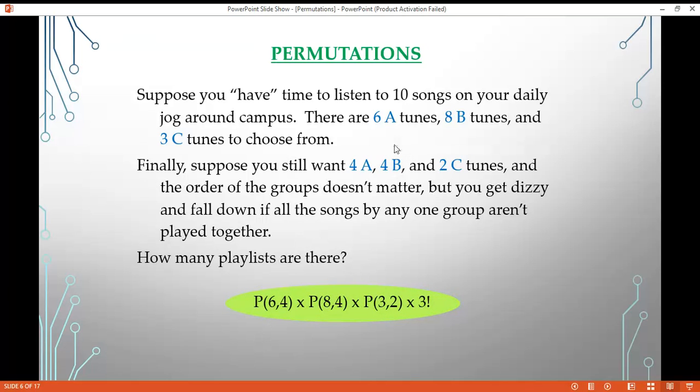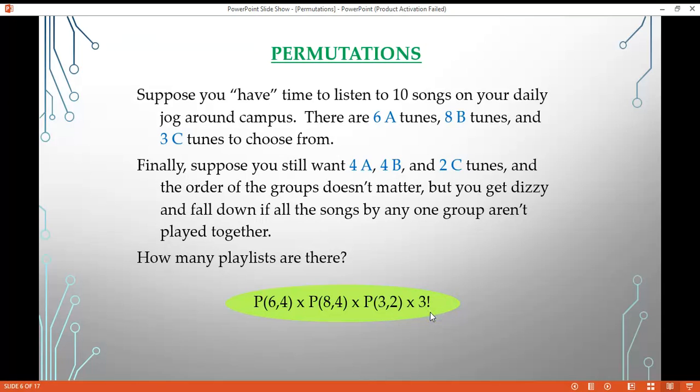We have 6 A tunes, and out of 6 we have to take 4 A. So n is 6 and r is 4, that is P(6,4), multiply P(8,4), since out of 8 we have to take 4, multiply out of 3 we have to take 2, so P(3,2), and 3 factorial.